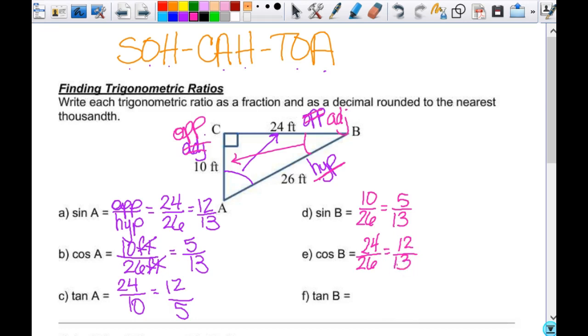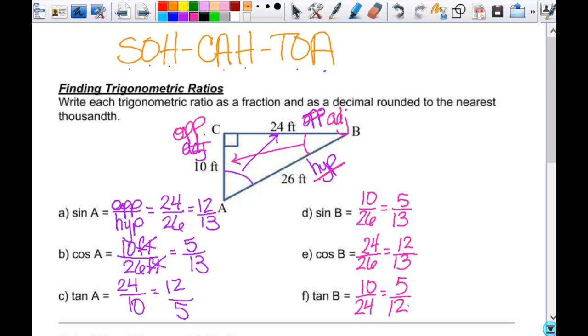Then the tangent of B, opposite over adjacent, so that is 10 over 24, which is 5 over 12. Okay, everybody good so far? All right, so now look at the sine of A and the cosine of B. What do you notice? They're the same. Does it make sense that they're the same?